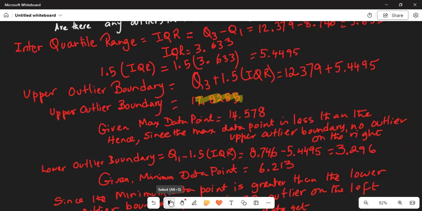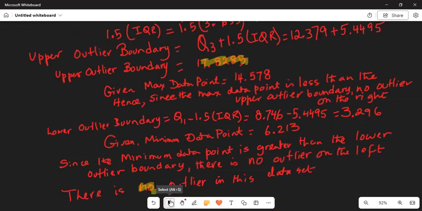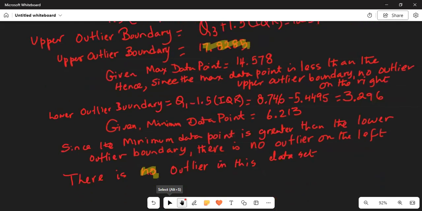In our case, the maximum data point is less than the upper outlier boundary, and the minimum data point is above the lower outlier boundary. Therefore, there is no outlier in this data set.